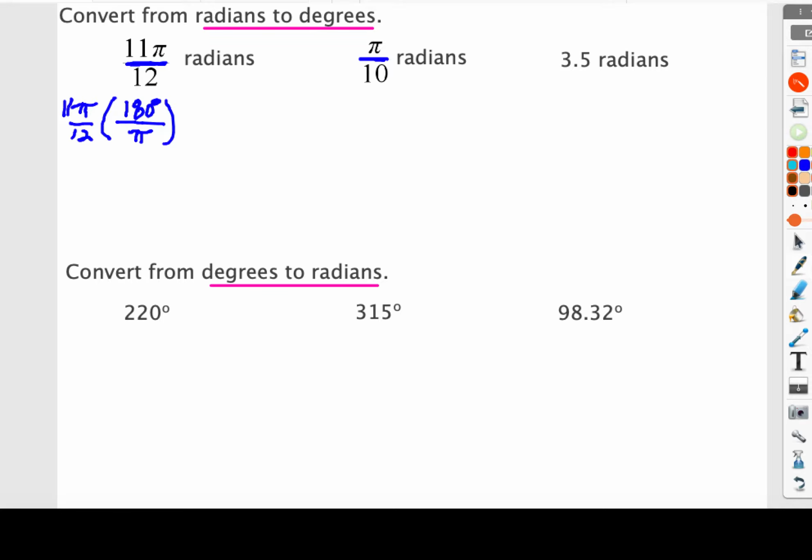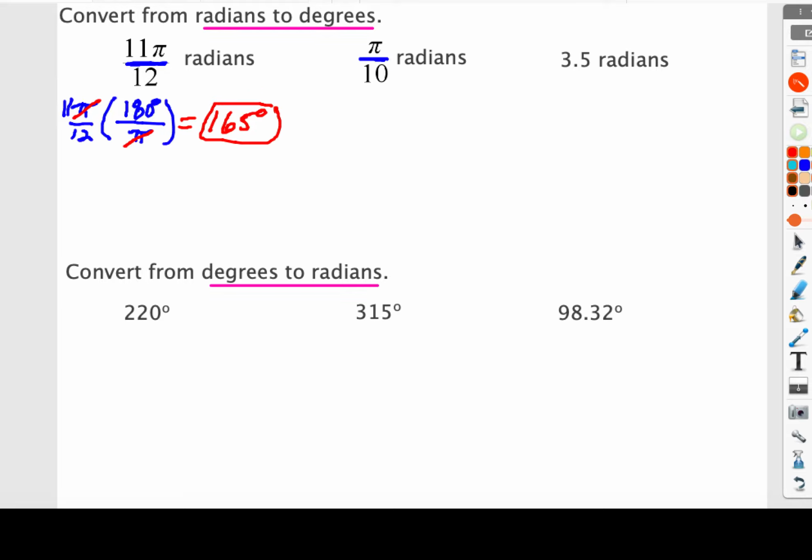In that case, we've got pi on the top and pi on the bottom. They're going to cancel away. And now all I need to do is figure out what 11 times 180 divided by pi would be. Or it might be simpler to think, well, hey, 12 goes into 180 15 times. So 15 times 11 would be 165 degrees.